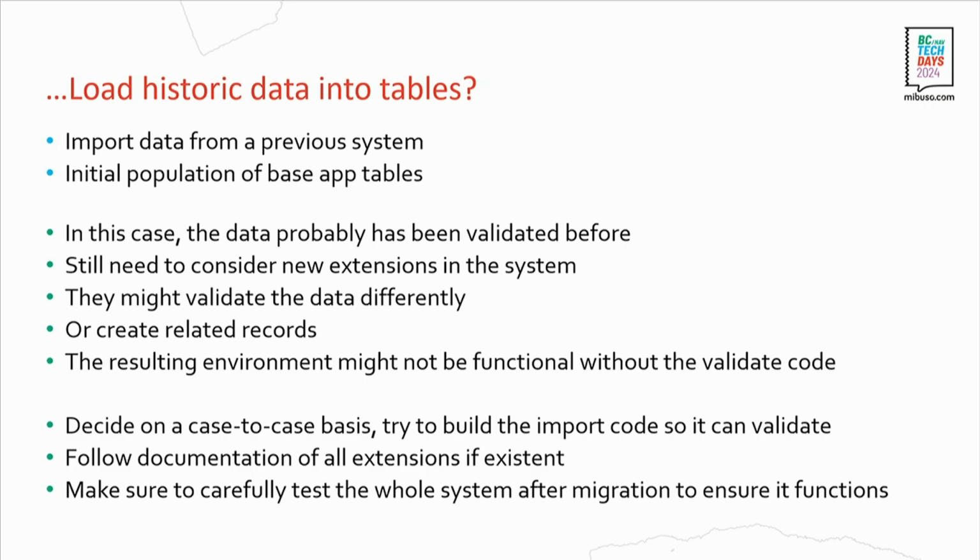You still might need to turn off the validation on some fields, and again, this is a case-to-case decision you need to make, but you should try to start off with validating the fields and then turning them off as you need them. If you're doing upgrades, there might be documentation on this kind of thing, and then again, at the end, testing everything to make sure it works. And then you should end up with a proper initialization of the system.